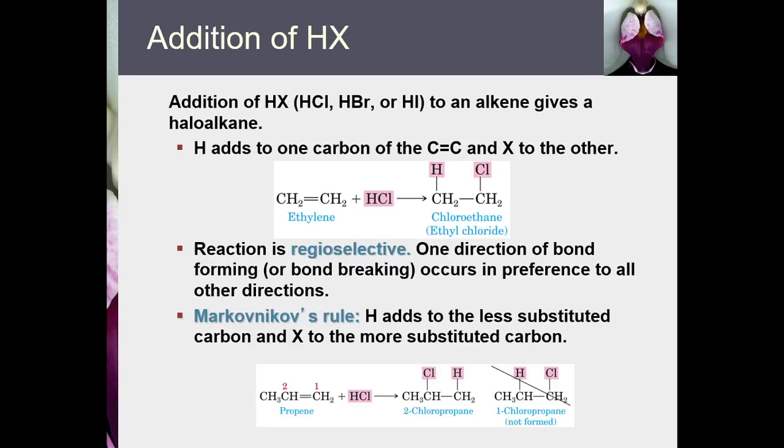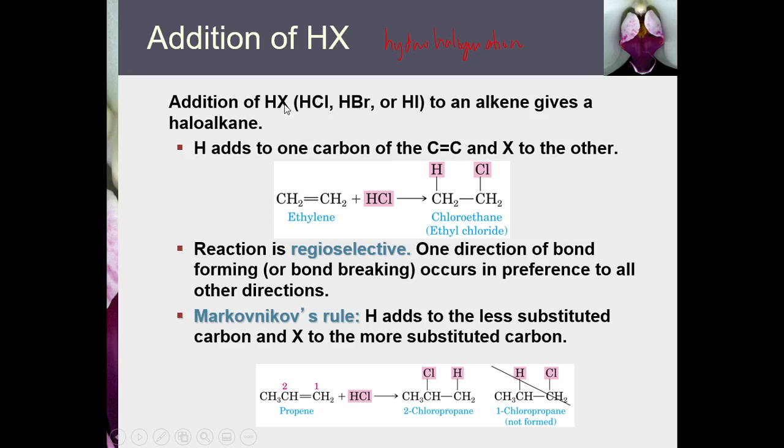So we have here addition of HX. So your HX, this is first reaction natin. This is called hydrohalogenation. So addition of HX, it could be HCl, HBr, or HI.